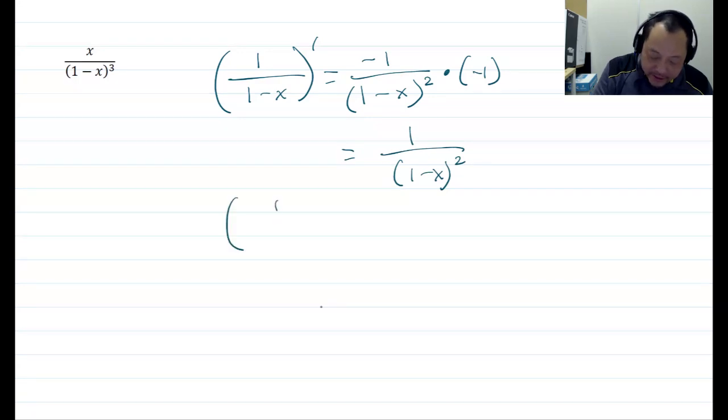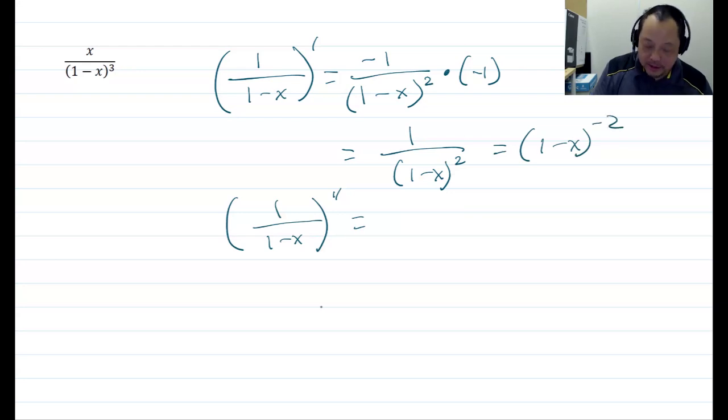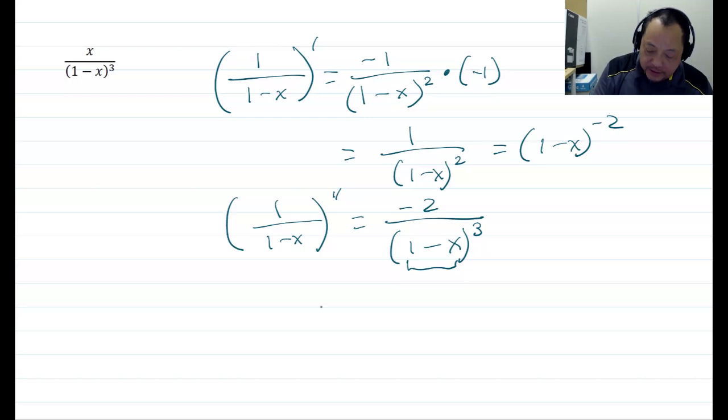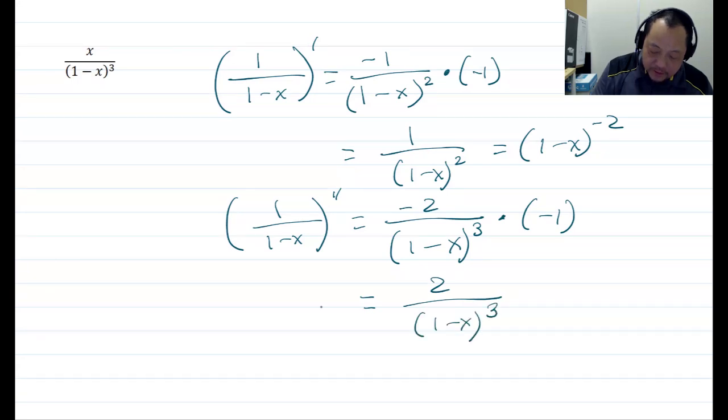If I differentiate it again, this is 1 minus x to the power negative 2. Then I have negative 2 times 1 minus x to negative 3, so it's a third power in the denominator, times the derivative of the inside, which is negative 1. And the answer is positive 2 over 1 minus x cubed.